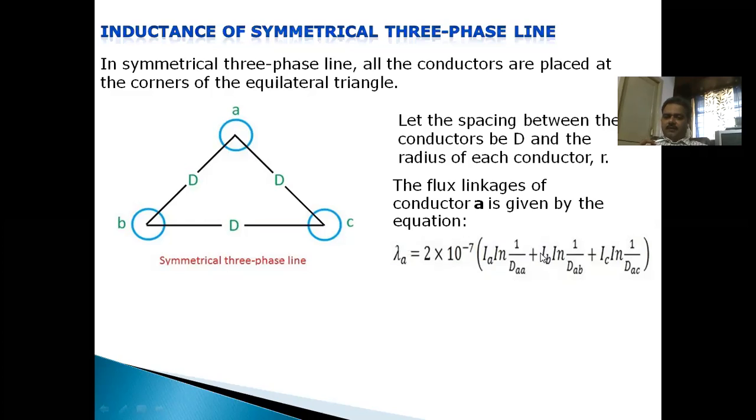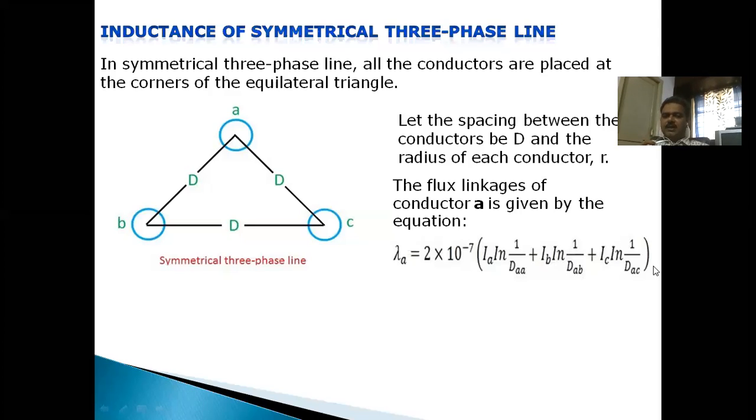Next, the second term indicates flux linkages in conductor A due to current passing through the second conductor. So we have to take the distance between these two conductors, that is I_B ln 1 by D_AB.